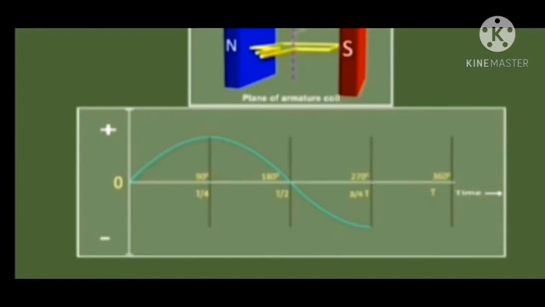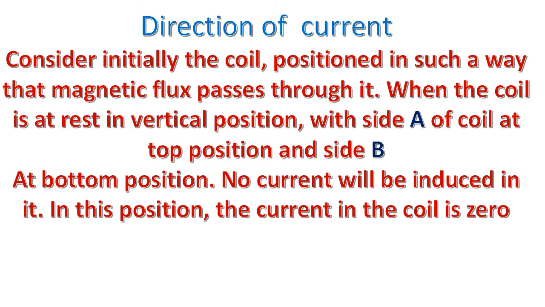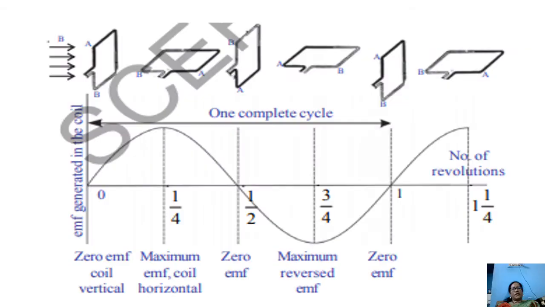Using the induced current, the ends of the coil are connected to the two slip rings. See here, consider initially the coil positioned in such a way that the magnetic flux passes through it when the coil is at rest in vertical position.